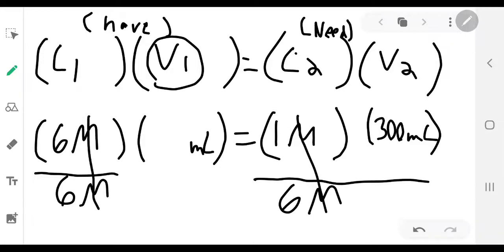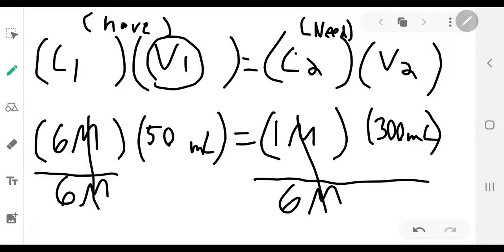And technically, we cancel all of that, since 6 divided by 6 is just 1. And so we would take our calculator then and multiply that 1 molar solution, okay, which is easy, times 300. And then we would divide that by the 6 there. Notice how I only canceled the units. And the answer is we get 50 milliliters.